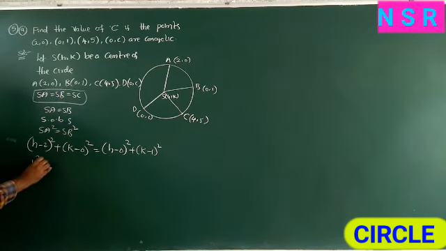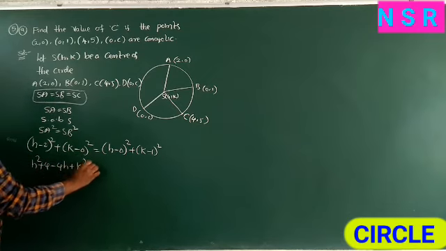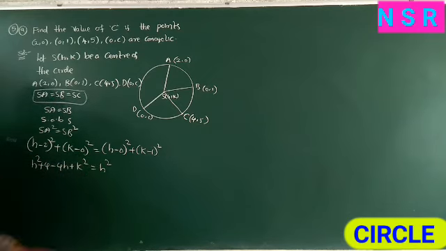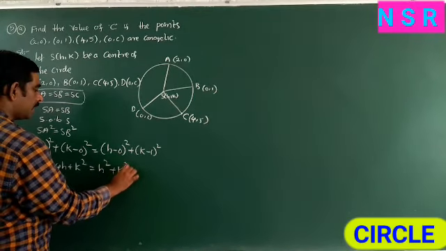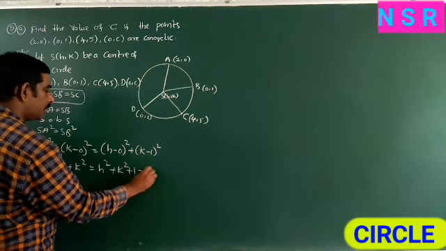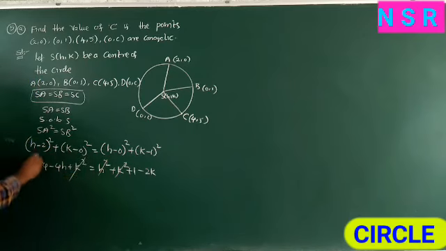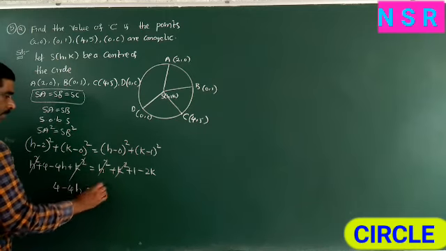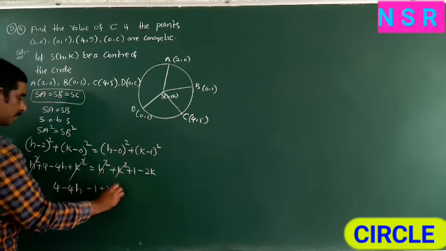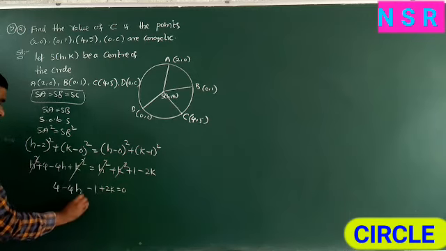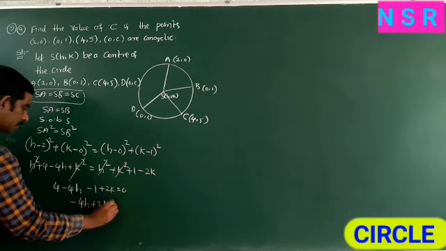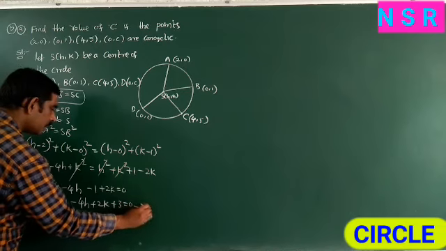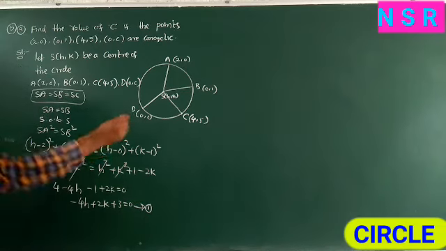So h square plus 4 minus 4h, k square, h square, k square plus 1 minus 2k. Now h square and k square get cancelled. 4 minus 4h minus 1 becomes minus 1, minus 2k becomes plus 2k. So we get minus 4h plus 2k plus 3 equal to 0. Take it as equation number 1.